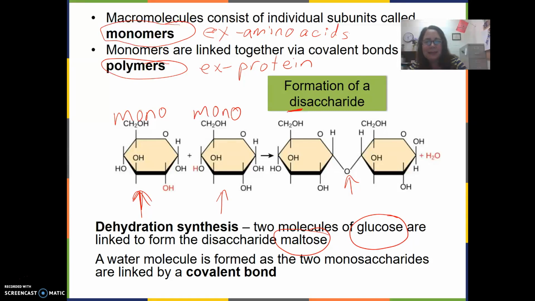You also can see that a water molecule is removed in the process. Hydrogen is removed from one of the glucose molecules, and OH, or hydroxide, is removed from the other, and together they form water. That's why we call this dehydration, that's removal of water, synthesis, which means to build.